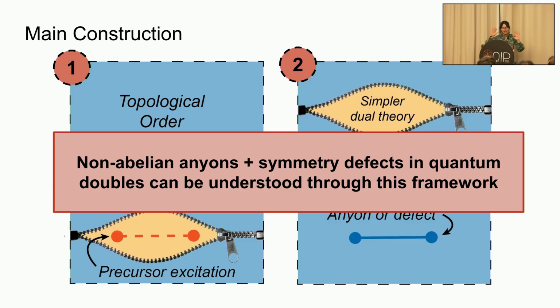Yeah, and so this is really the conceptual framework that I would like to advocate for in understanding where the structure of non-abelian ribbons comes from.